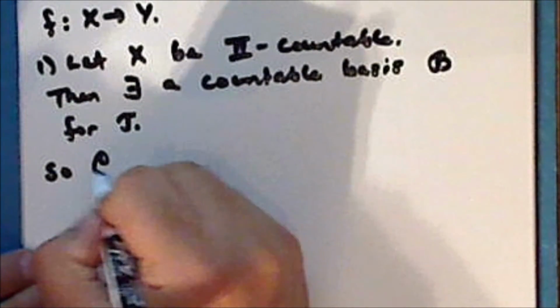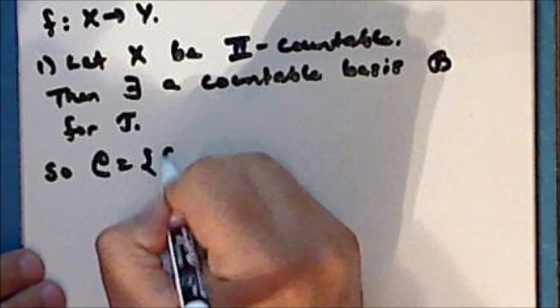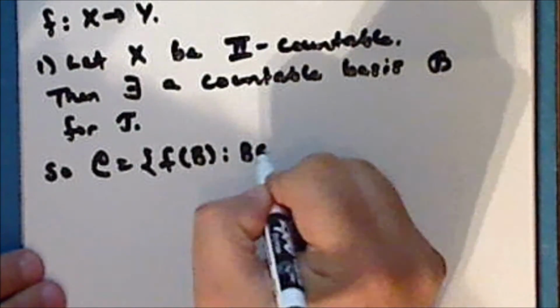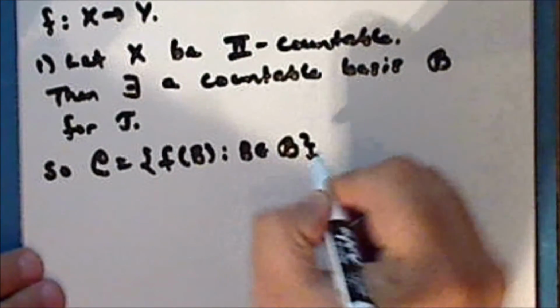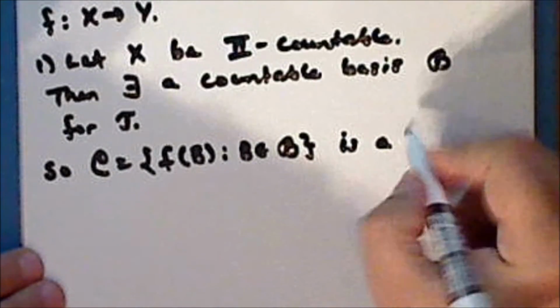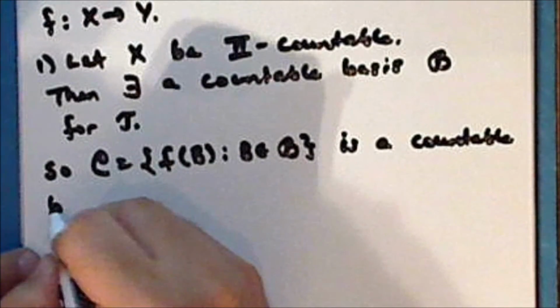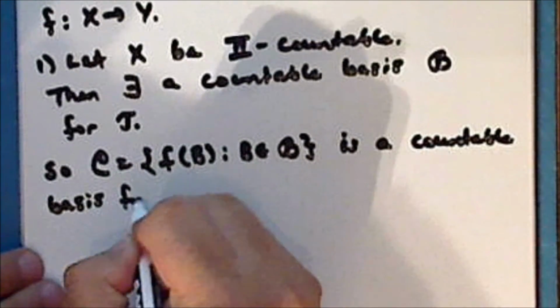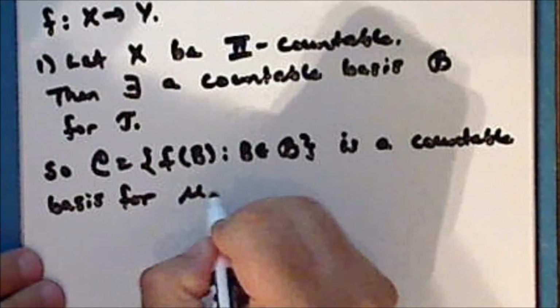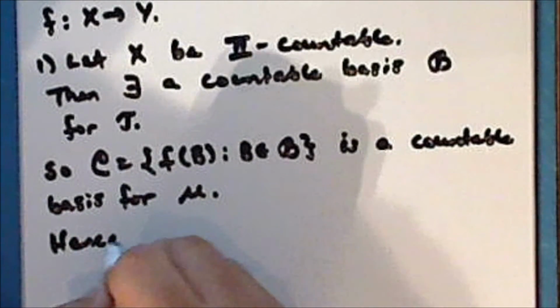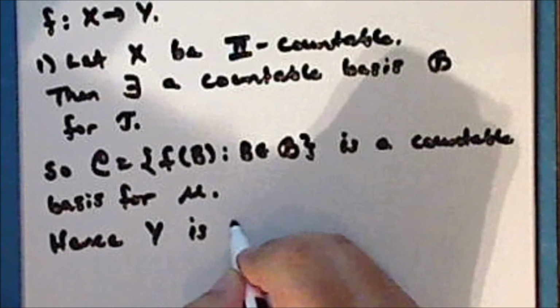And so the collection script C, containing the elements f of B, where B is an element in the collection script B, is a countable basis for the topology mu, and hence the space Y is second countable.